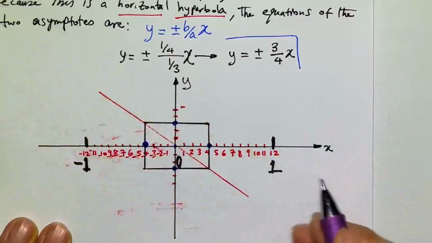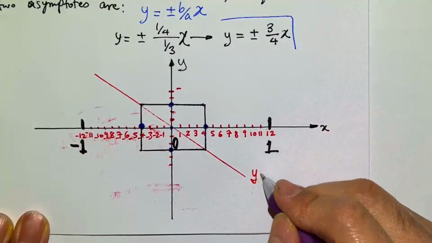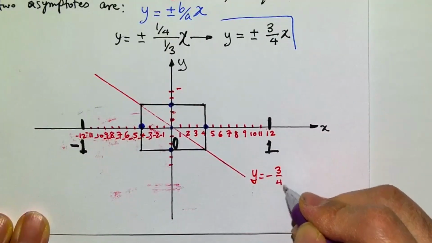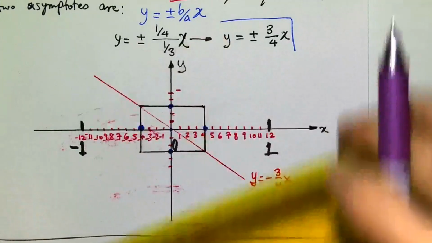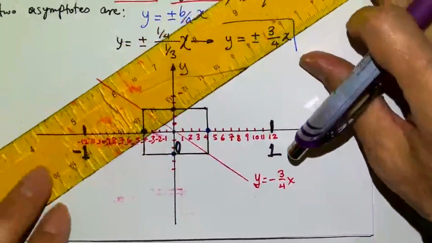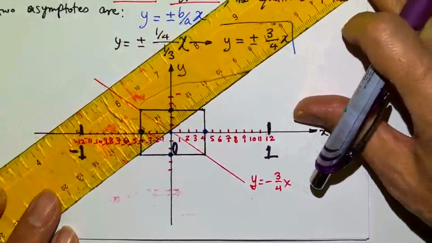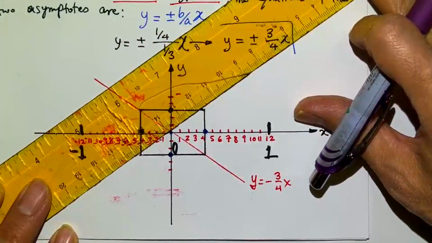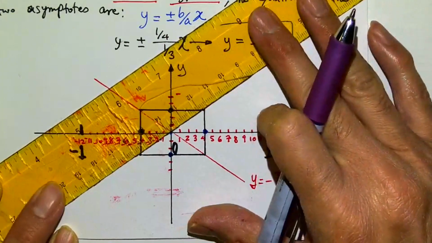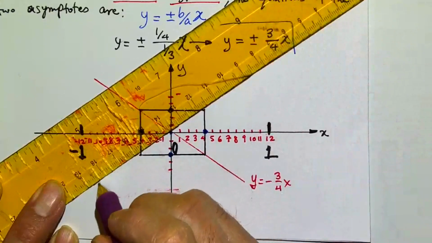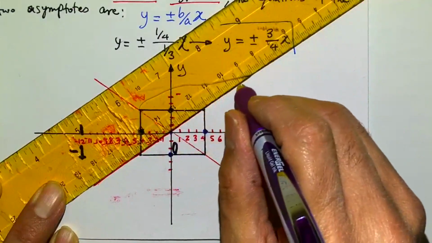So this is y equals minus 3/4 x, right? It's minus, so it's going downhill. And the one that is going uphill is going to be the positive one. Not bad. All right, so this is going to be like that.